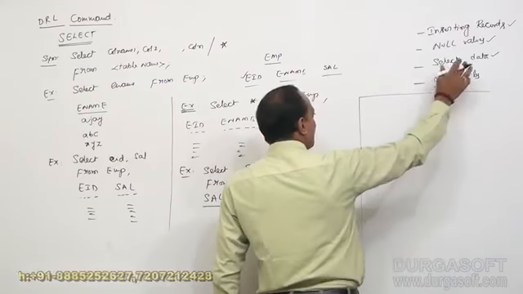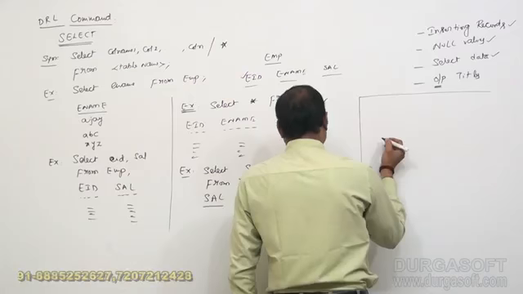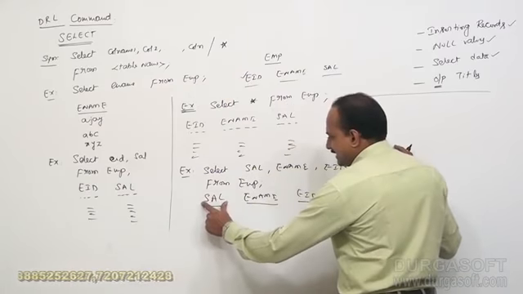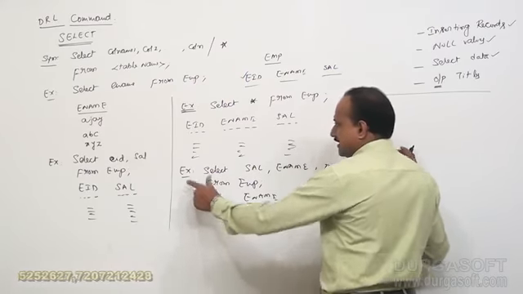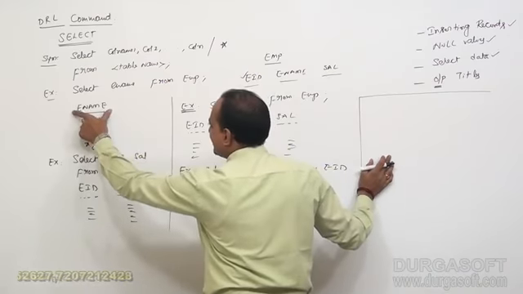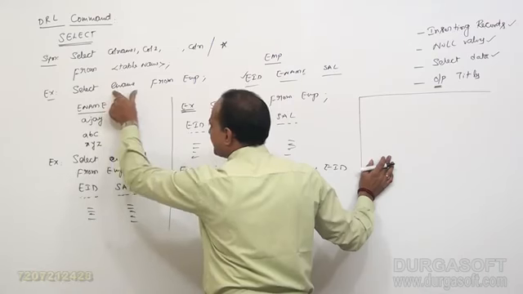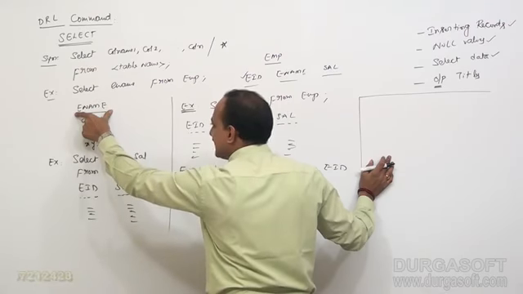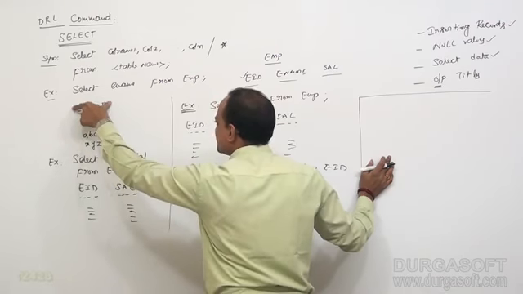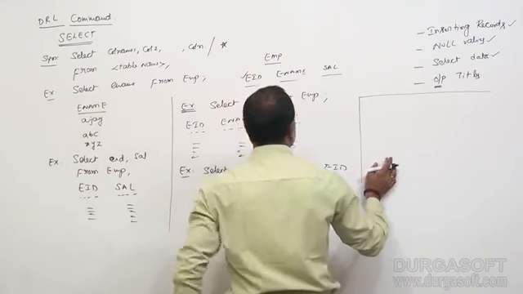Now see, how can I change output titles? What is the title here? Sal. Here, what is the title? E-name. By default, the column name is displayed as the output title. But I want to change it to EMP names. Generally people specify it like this: select e-name as EMP names.